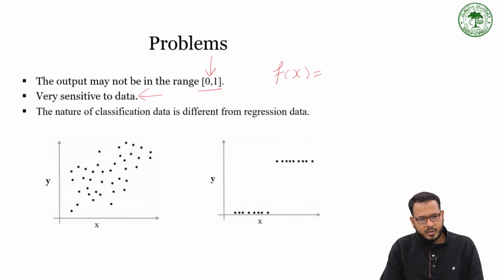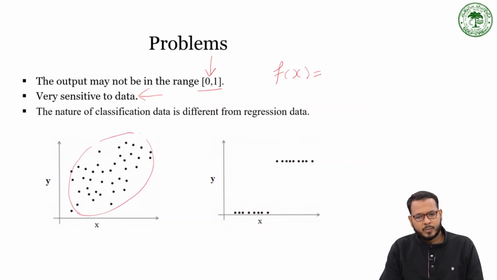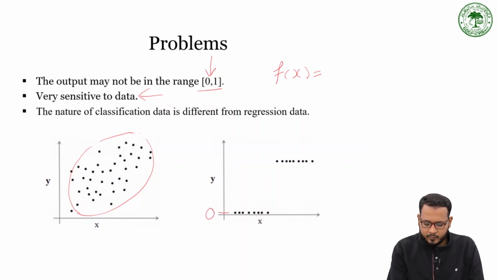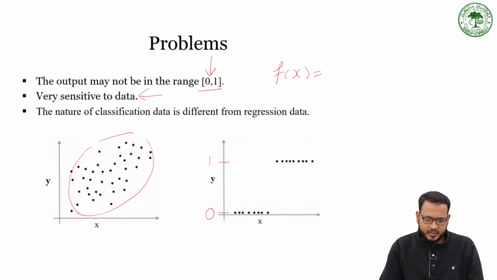And finally, the nature of the data for classification and regression problems is very different. For regression, our data usually looks like this. But for classification, our data looks like this, where for some x value, the corresponding class would be 0, and for the rest of the values, the corresponding class would be 1. So even though by converting the textual data into numeric categories we can apply the linear regression algorithm, it is not very practical. That's why it is avoided.